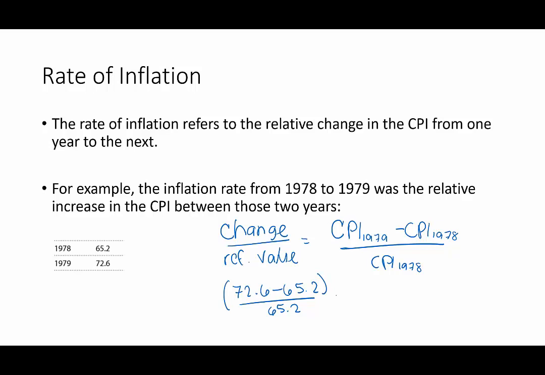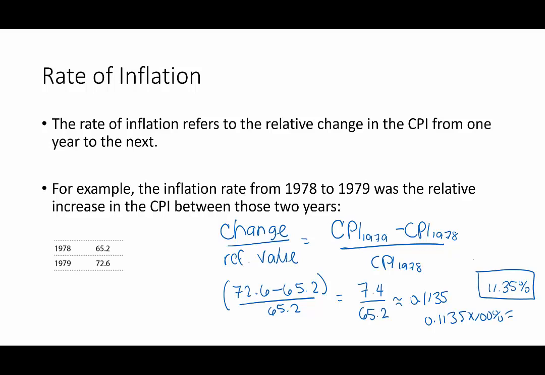If you do the subtraction first, you end up with 7.4. 7.4 divided by 65.2 would give us about 0.1135. If you want to convert this to a percent, you would multiply it by 100. And we would see that the rate of inflation increased by about 11.35%. Does that seem like a lot or a little to you?